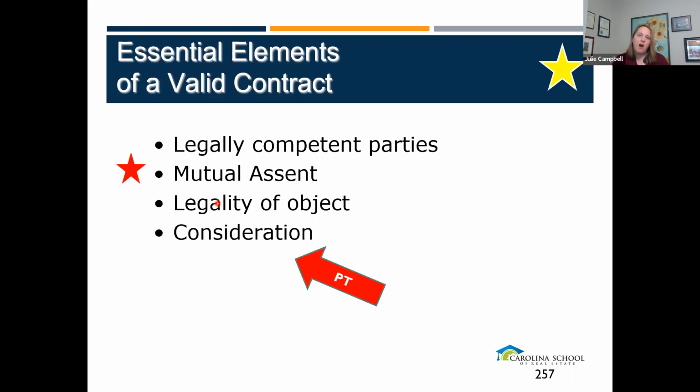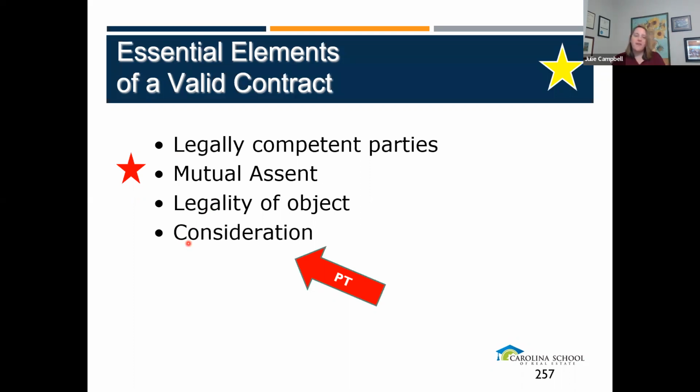And then the problem topic of essential elements is that all valid contracts have to have some form of consideration. Again, there are no free promises. I'll pay you a purchase price. In exchange, you give me your property. The consideration is the purchase price.